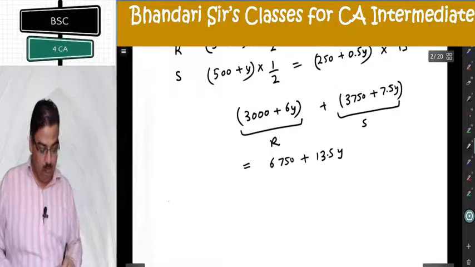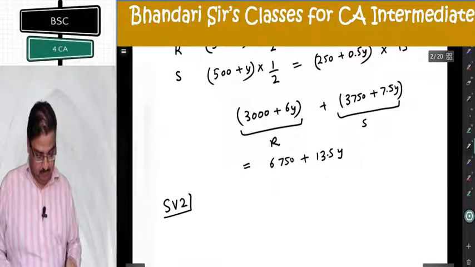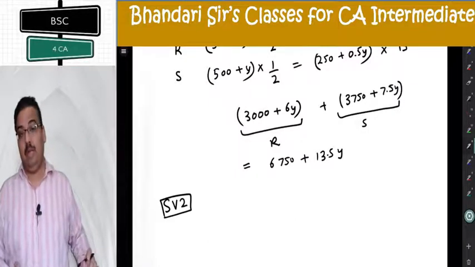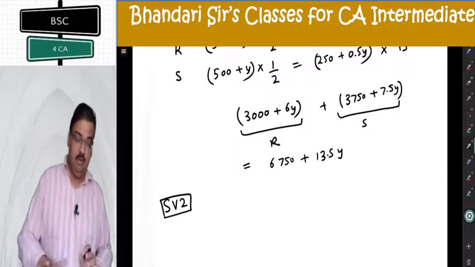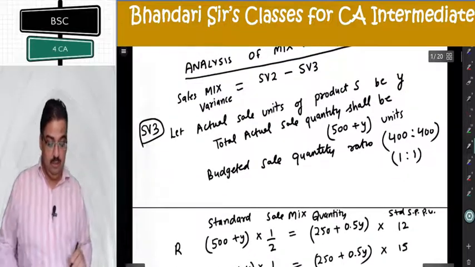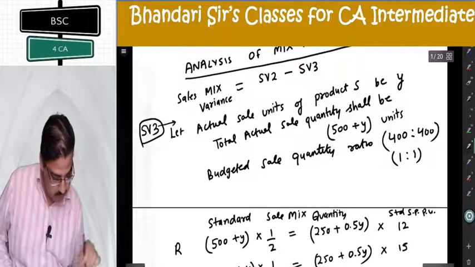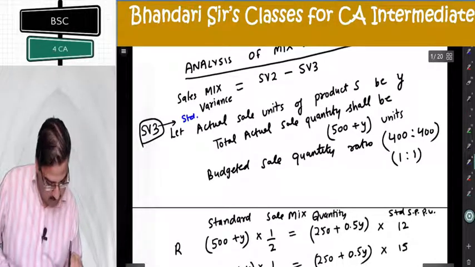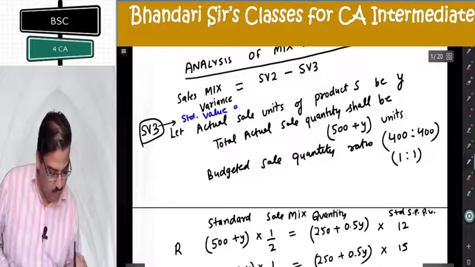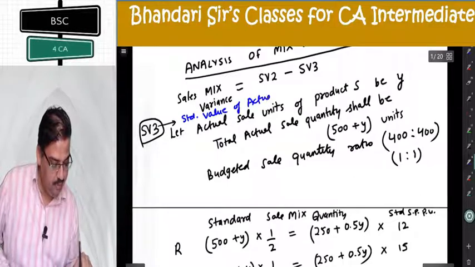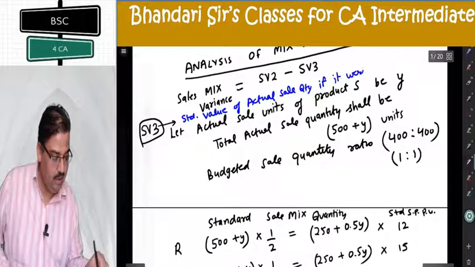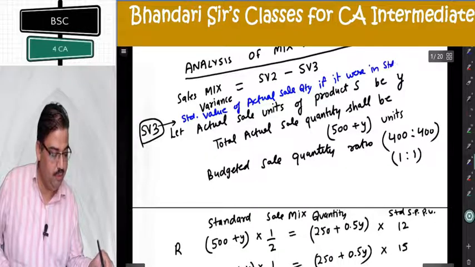Similarly, SV2. You must keep on writing the header of the step that I have not written, but you should be writing them. For example, in SV3, I should be writing there standard value of actual sale quantity if it were in standard proportion.